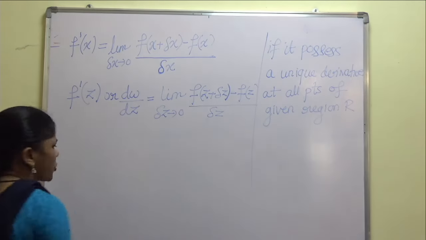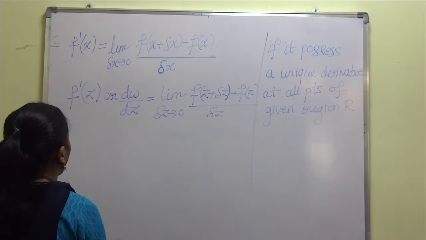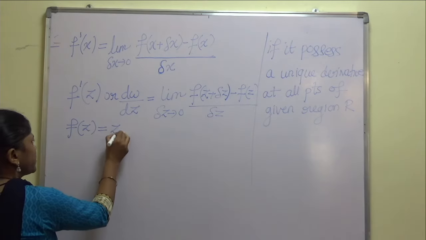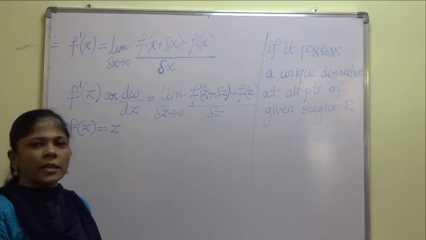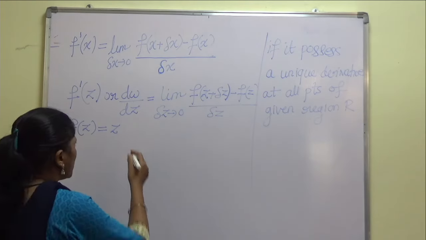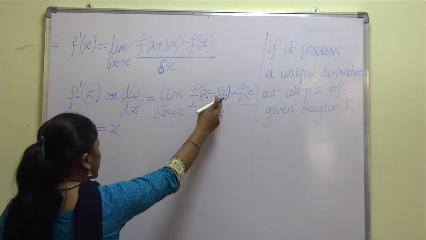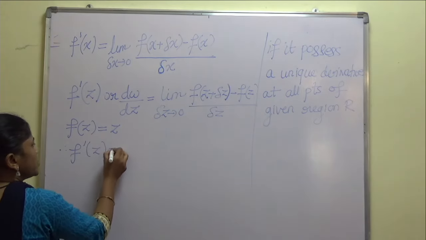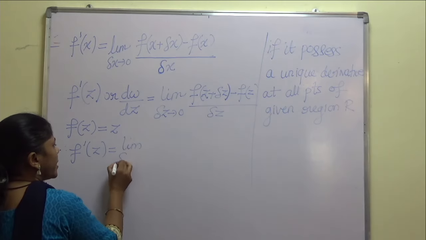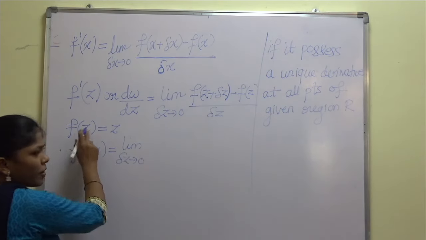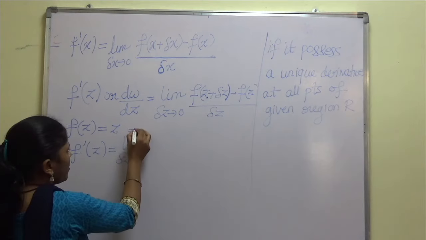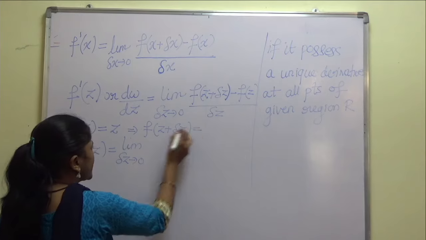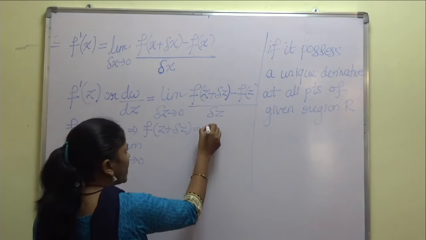Let me take a function first. Say I am taking f of z equal to z. Let us find its derivative. According to this, we need f of z plus delta z. So f dash of z will be the limit as delta z tends to 0. If f of z is z, then f of z plus delta z is obtained by replacing z with z plus delta z.